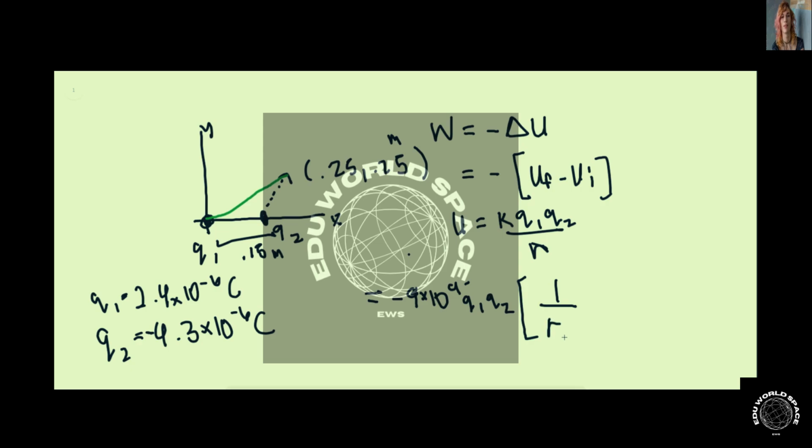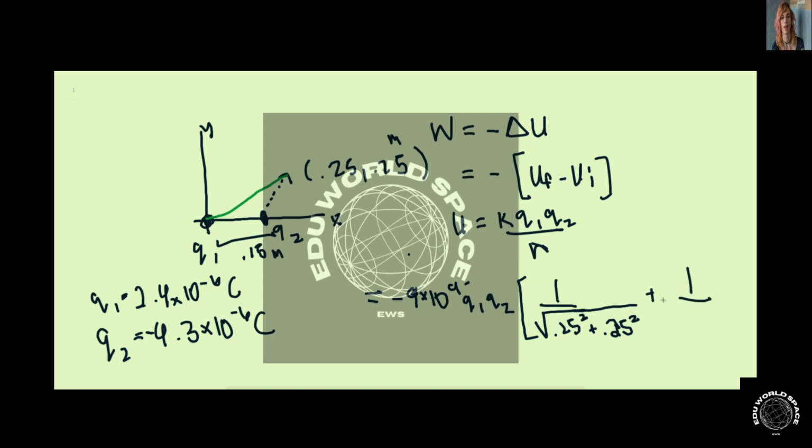So then you have R final, so it's final minus initial, is that distance of 0.25 squared plus 0.25 squared. If it hadn't moved on the x-axis, it would be 0.25 squared plus 0.15 squared. But since it also moves on the x-axis to 0.25, you have to use 0.25 right there.